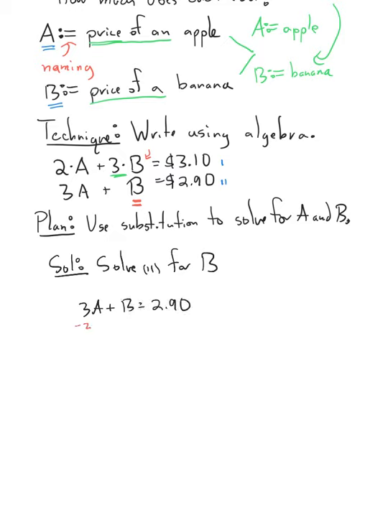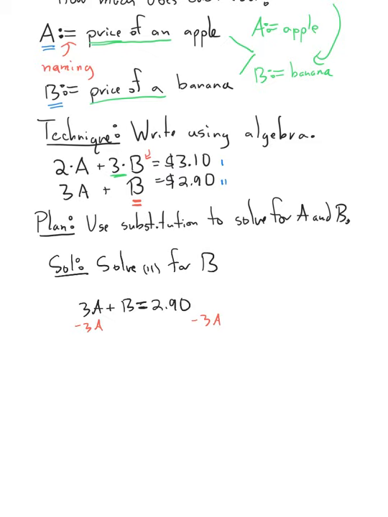I'm going to subtract 3a from both sides. Remember, with an equation, you can do whatever you like, in some sense, to both sides of the equation, as long as you do it to the entirety of both sides and equality will still hold. So if I want to subtract 3a from both sides, that's great.